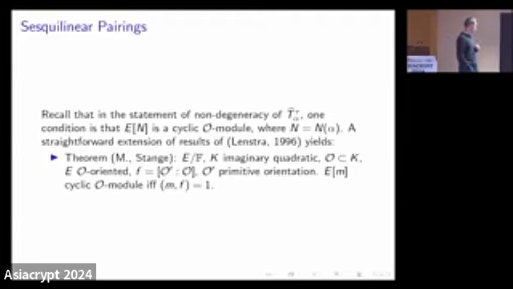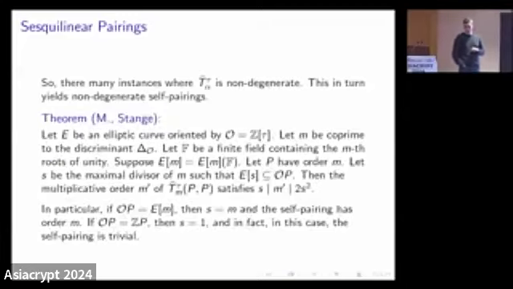So if we have some O-oriented elliptic curve, and if F is the index of O in the primitive order, what in the paper we call the relative conductor, then the M torsion will be cyclic as an O module, provided that M is coprime to this relative conductor. So there are many cases where this cyclicity condition is satisfied.